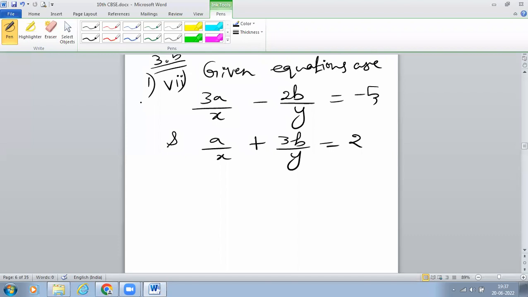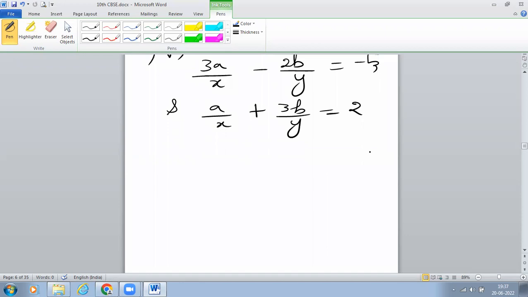It is a non-linear equation. Non-linear. Actually, it is not in the standard form of a linear equation, because the standard form of linear equation should not have the variable at the denominator, right? But here the variables x and y are in the denominator. So first thing what you have to do is we have to make these two equations into linear form.